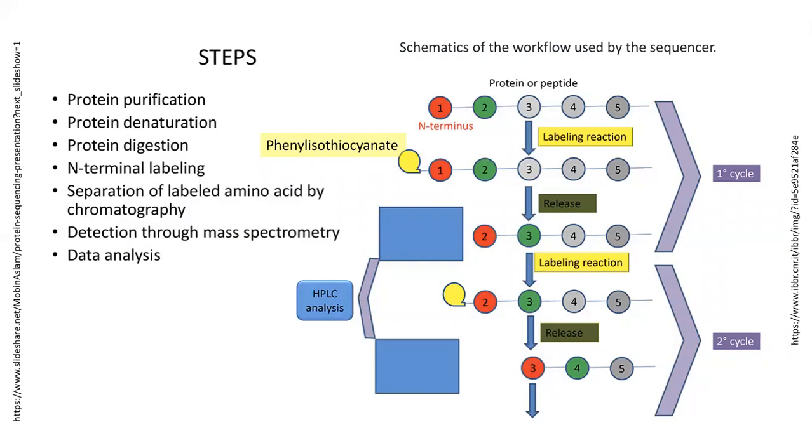As we chop DNA with restriction endonucleases, we do have enzymes which cut proteins at specific points. Once the purification, denaturation, and digestion of the protein is completed, then comes the labeling of the protein. Here we are using N-terminal labeling, where we use the Edman reagent, which is chemically phenyl isothiocyanate. Using this phenyl isothiocyanate, we label the N terminus of the peptide chain we are trying to sequence.